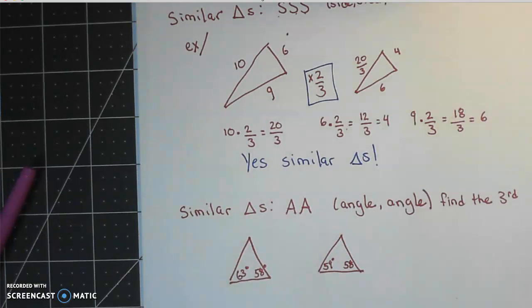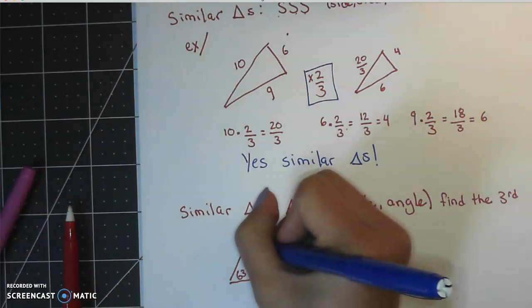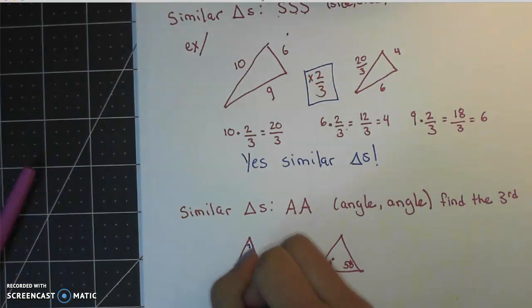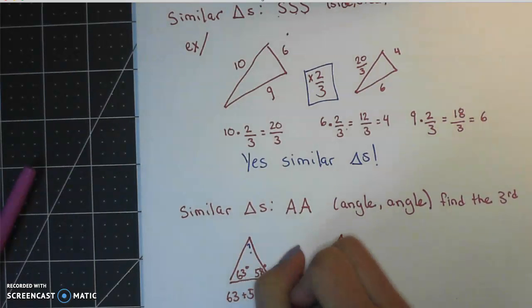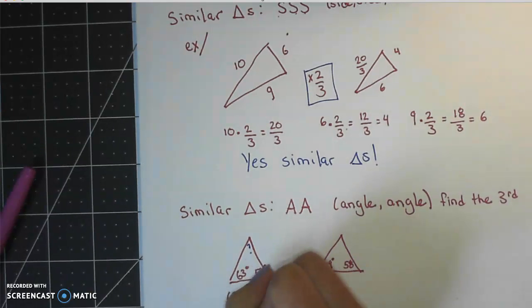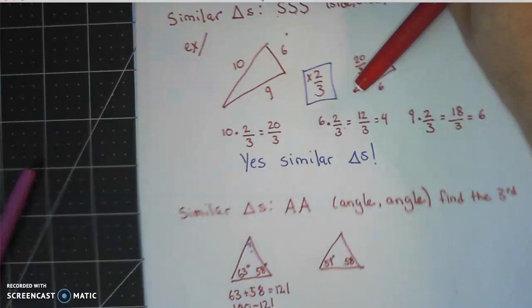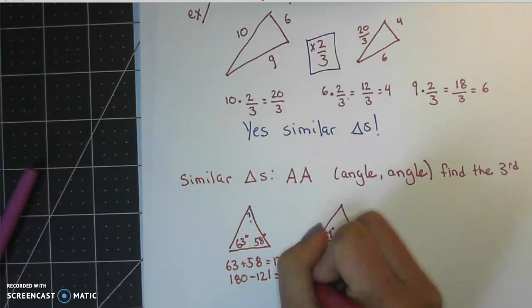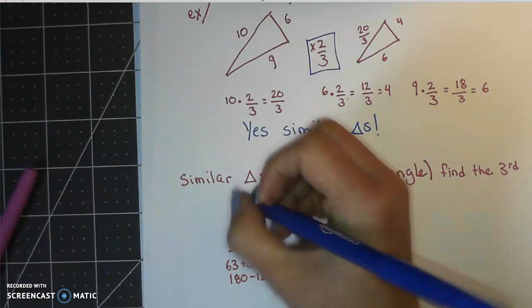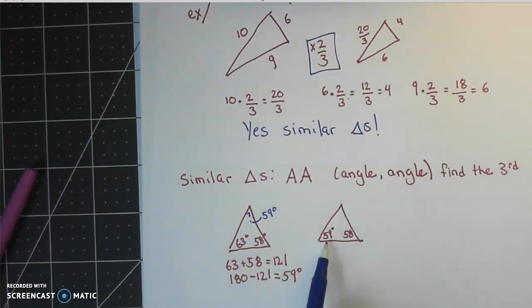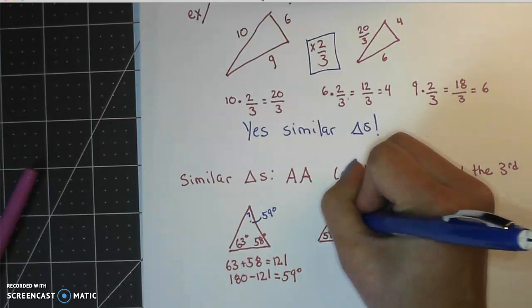And so the way we do this is we need to find this missing angle. So 63 plus 58 equals 121. So if I take 180 minus 121, I'll move this up, that equals 59 degrees, which means this angle is 59 degrees. So now if I look, I have 59 and 59, 58 and 58. Well, that means this must be 63 degrees.